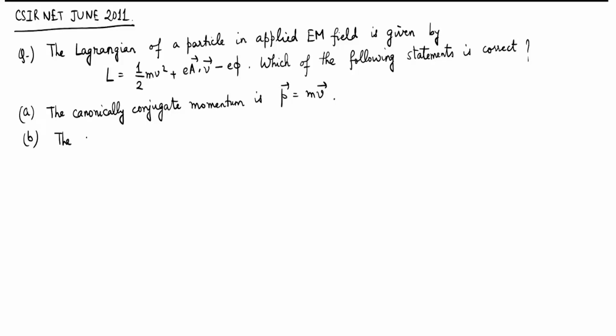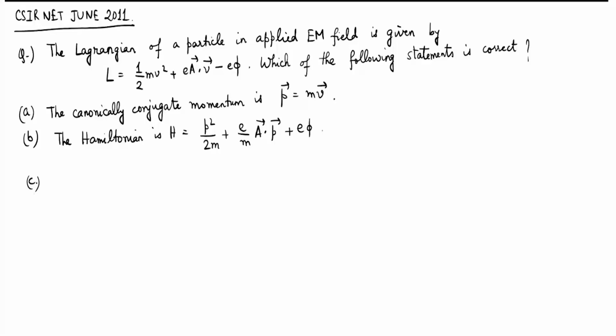B. The Hamiltonian is H equals P squared by 2m plus e by m into A vector dot P vector plus e phi. Is this correct?